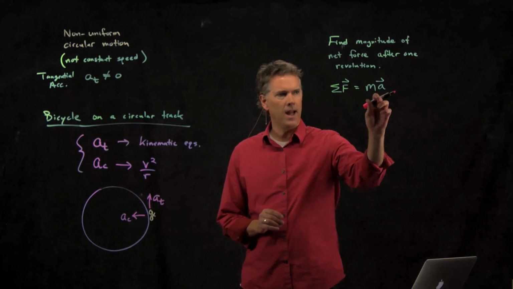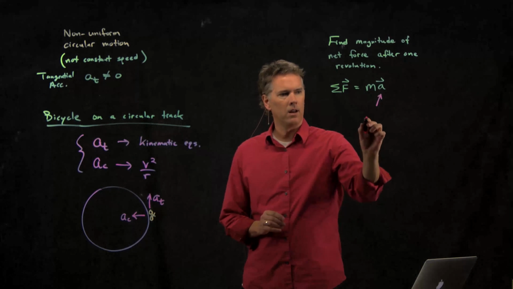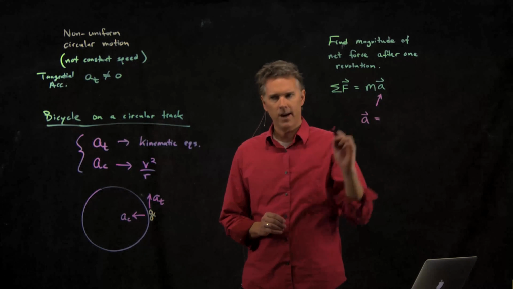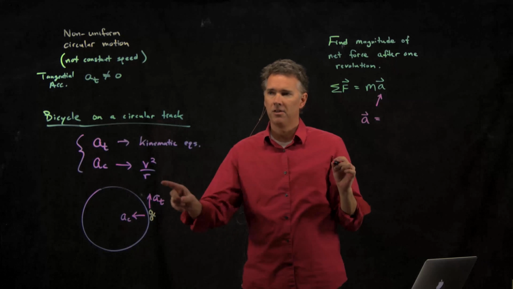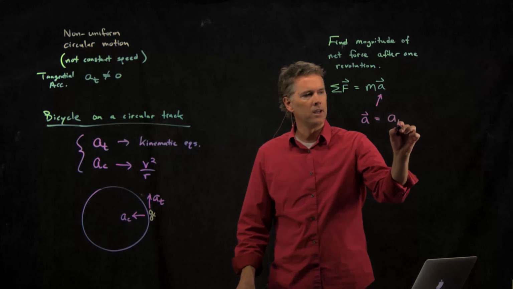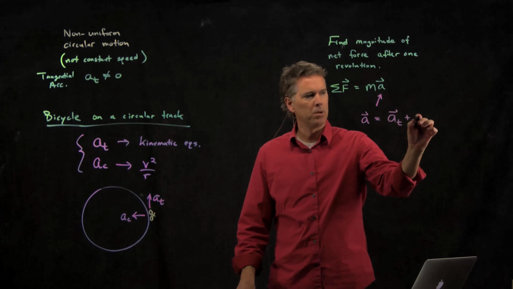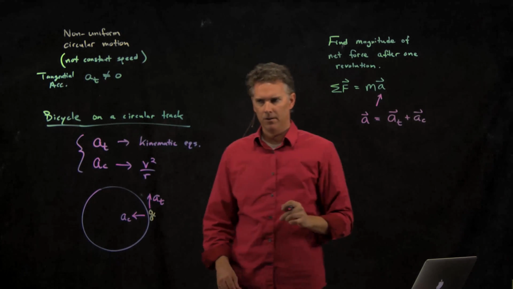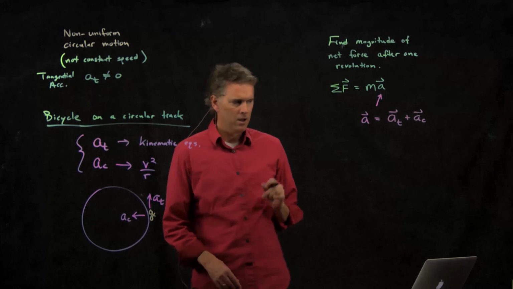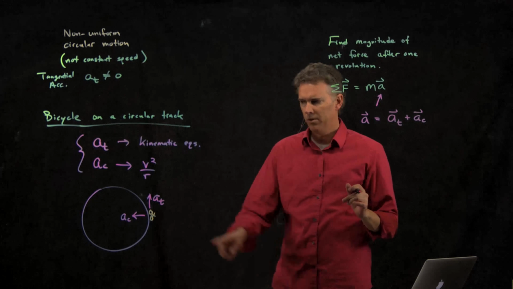So what does this a look like? a, the vector, is a vector sum of those two. It's a sub t plus a sub c. And a sub t, we said, was up.